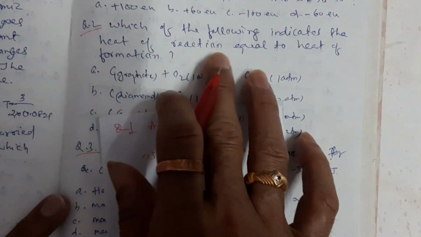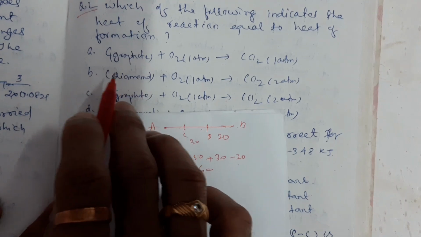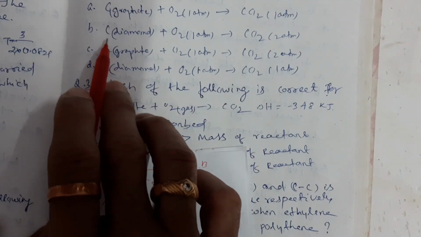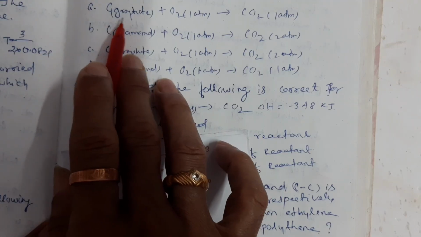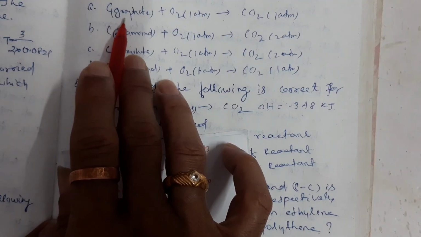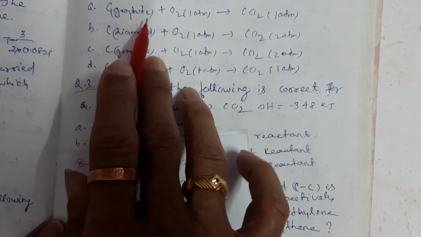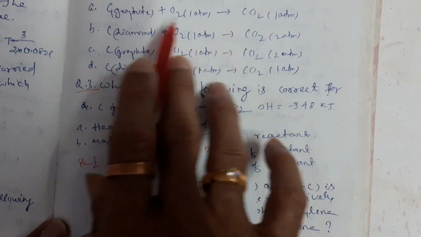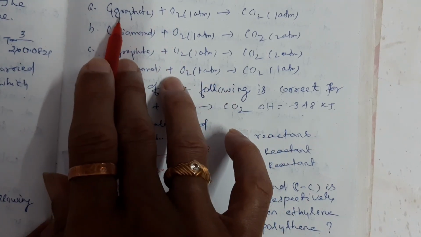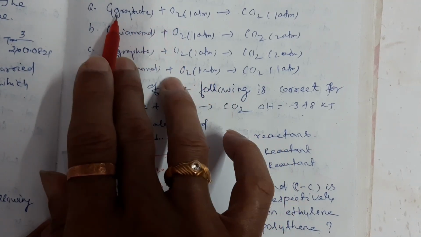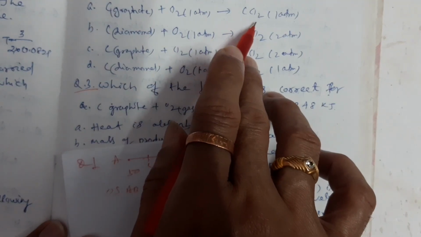Next, which of the following indicates the heat of reaction equal to heat of formation? You see all the 4 choices. Choice A is correct because graphite is the stable state, and one molecule of oxygen reacts with graphite, giving carbon dioxide.